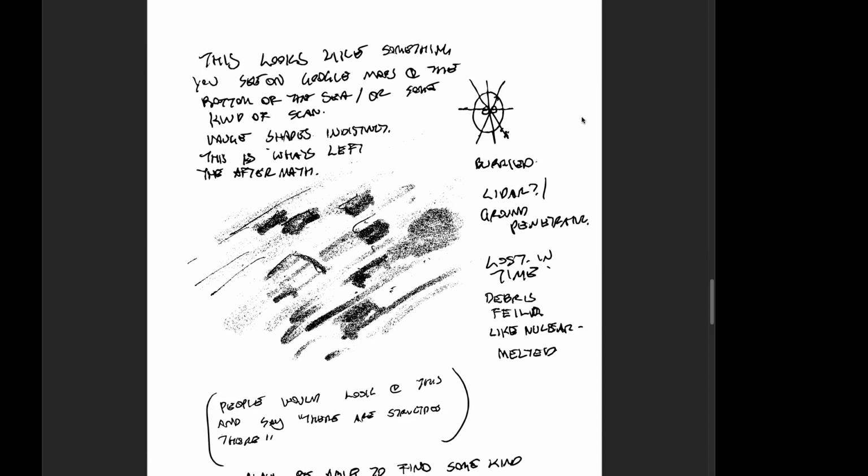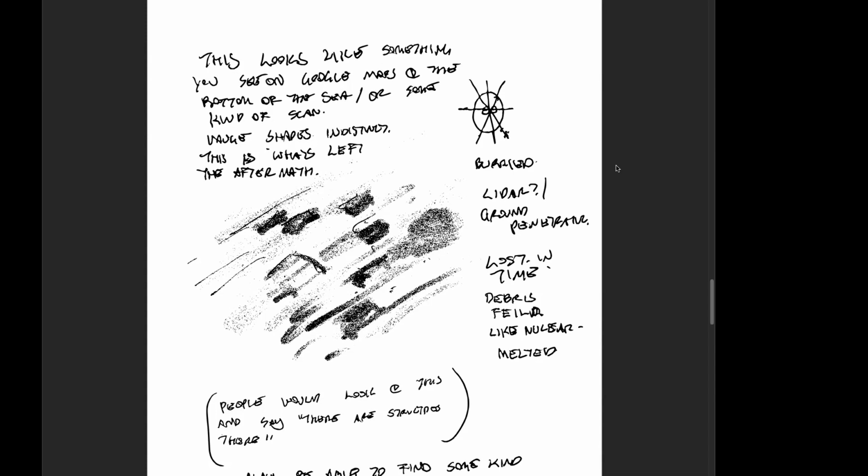My next visual, I saw something that looks like what you'd see at the bottom of the sea or the ocean, on Google Maps, like a LiDAR scan or one of those types of scans that they use, like vague, indistinct shapes. My sense is this is what's left after the aftermath, like buried, lost in time, debris fields, like almost looks like the result of something nuclear, something melted.